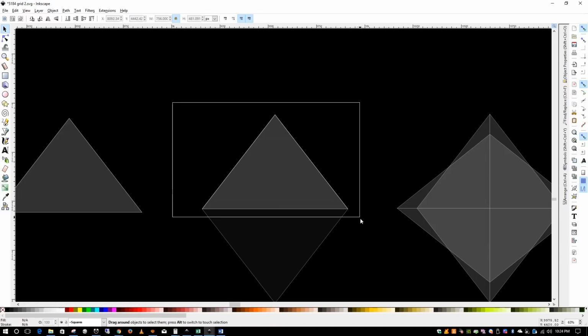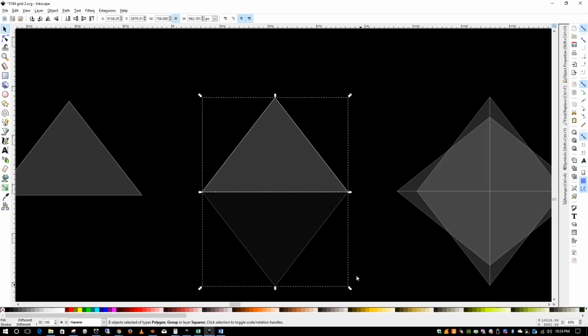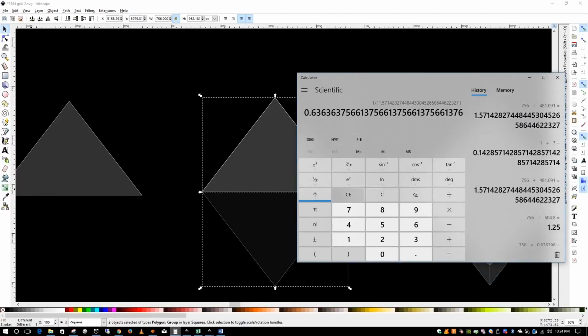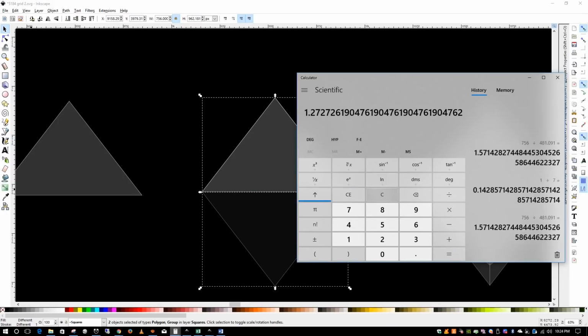So now if we take this and we select the whole thing, you'll notice that we have a 756 by 962,181. 962,181 is the 481 value multiplied times 2, because we have one on top and one on bottom. But the ratio that we get, if we take 962,181 divided by 756, now we get the square root of phi.